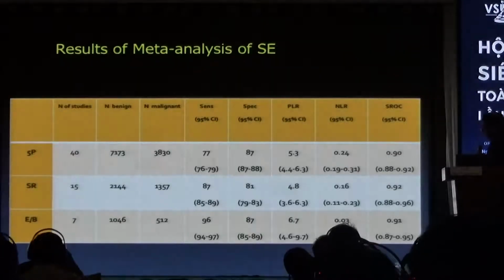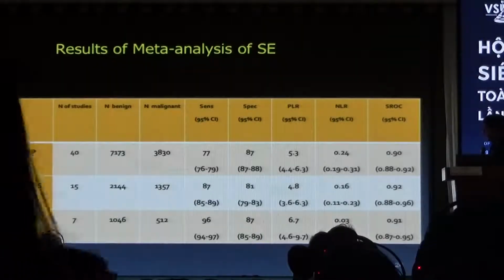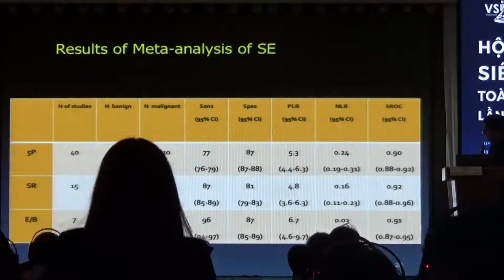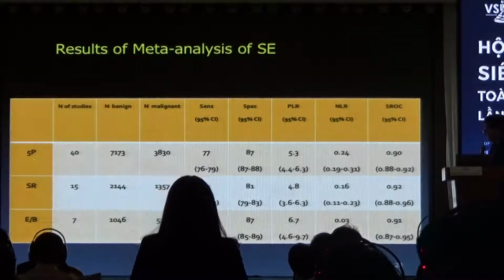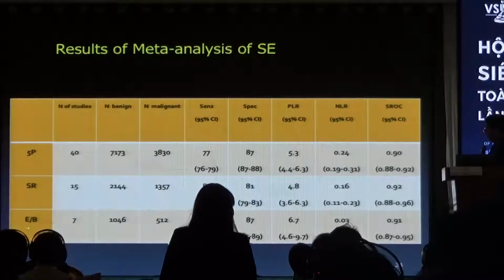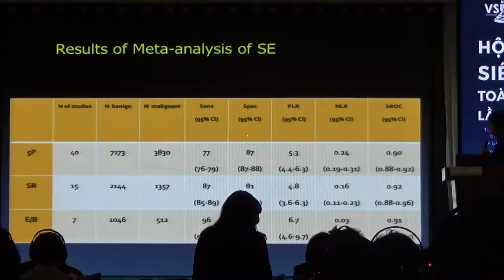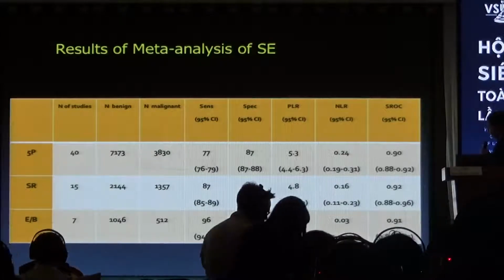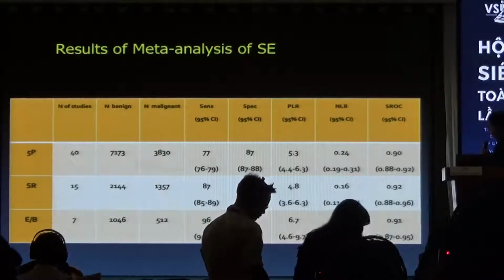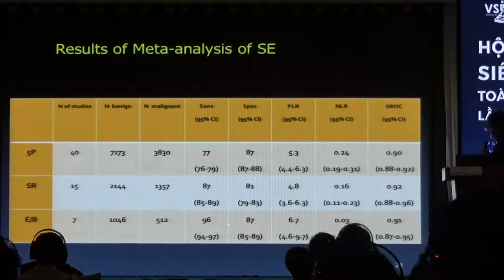We did a meta-analysis looking at a little over 10,000 cases and looked at the 5-point papers, the strain ratio, and the length ratio papers. What we found was that the sensitivity of the E to B is the highest. The specificity was very similar between the methods, but the most important thing here is the negative likelihood ratio.